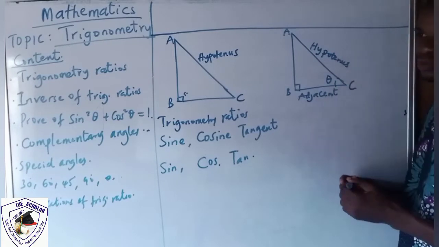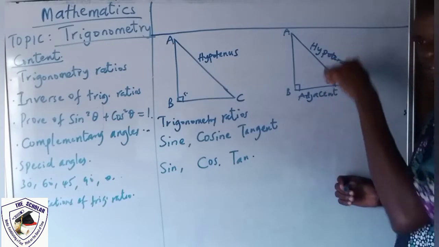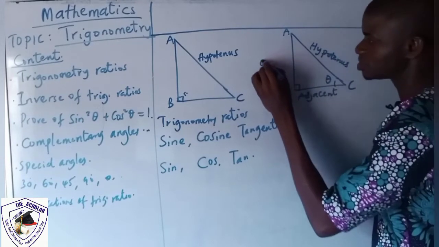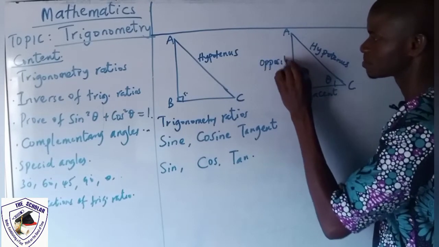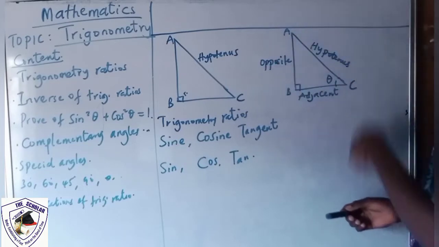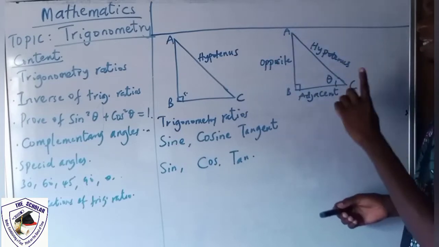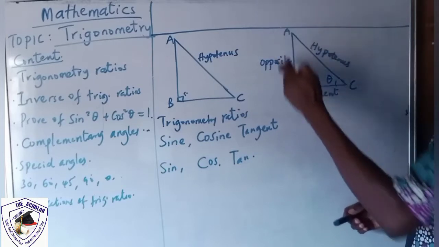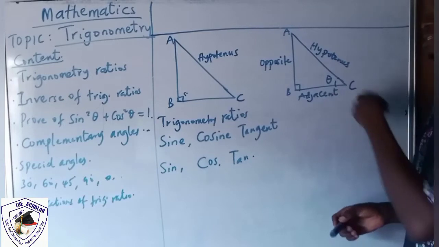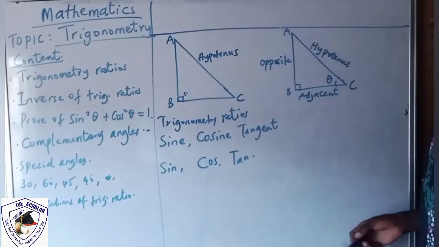It is constant: wherever the angle is resting is called the adjacent, and where the angle is facing directly is called the opposite. So we have labeled the sides of the triangle completely: side AB as the opposite, side BC as the adjacent, and side AC as the hypotenuse.